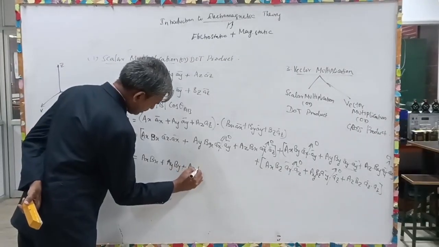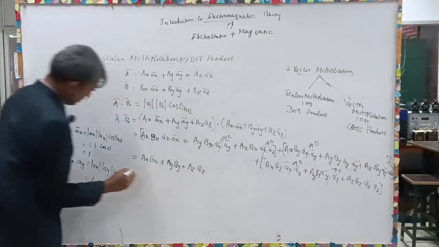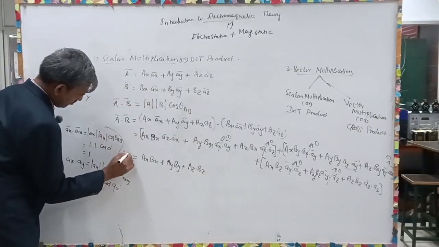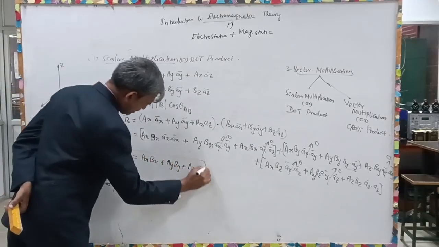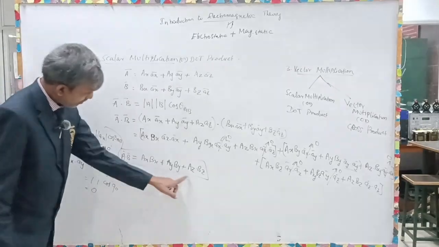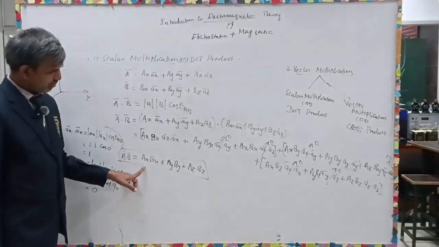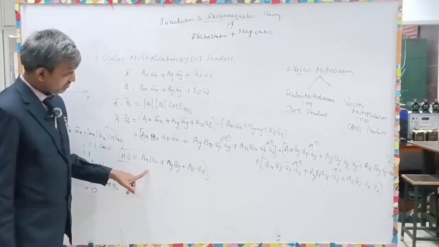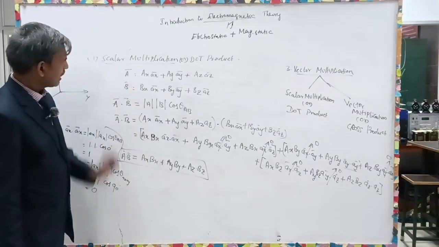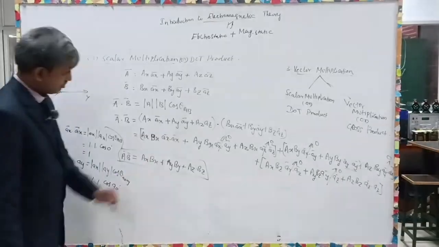This is the value of A dot B. So we get only the magnitude value alone, so this product is called the scalar product.